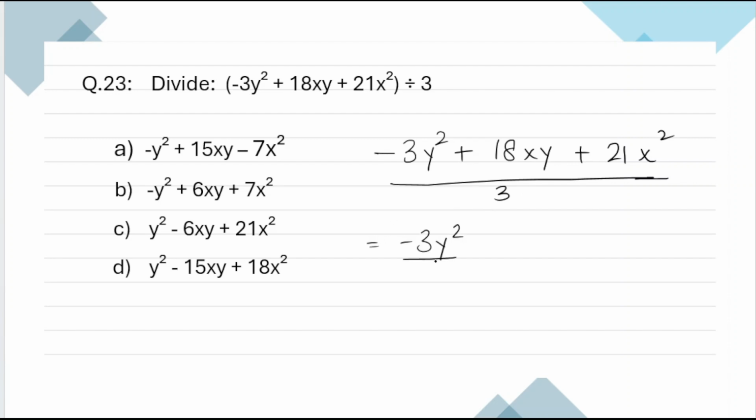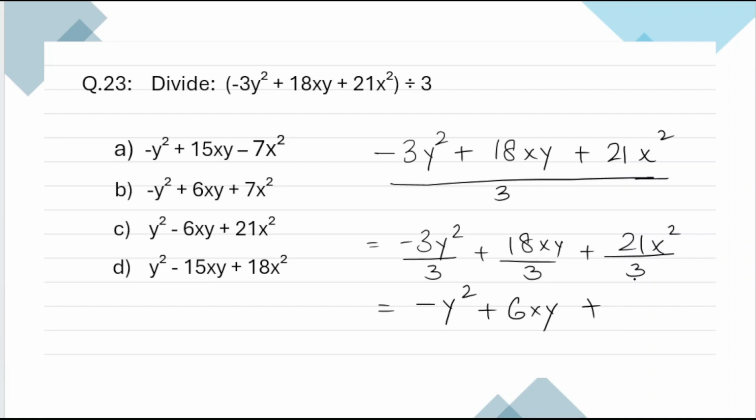Negative 3y squared divided by 3 plus 18xy divided by 3 plus 21x squared divided by 3. So negative 3 divided by 3 is negative 1, means negative y square, plus 18 divided by 3 is 6xy, plus 21 divided by 3 is 7, so 7x square. So our answer is B option.